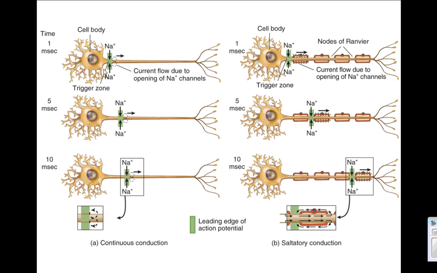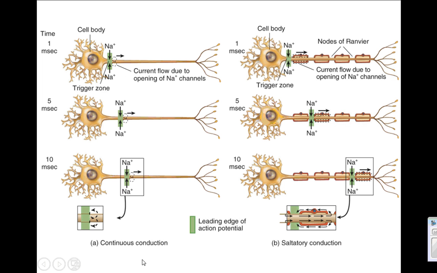Right here in the axon hillock, I said, is the trigger zone where the action potential is first occurring. Okay, we're just going to show this depolarization aspect of things. But sodium's rushing in through voltage-gated sodium channels. That's at 1 millisecond. 5 milliseconds later, we've spread it down the length of the axon a little ways. By 10 milliseconds, we've spread a little bit farther.